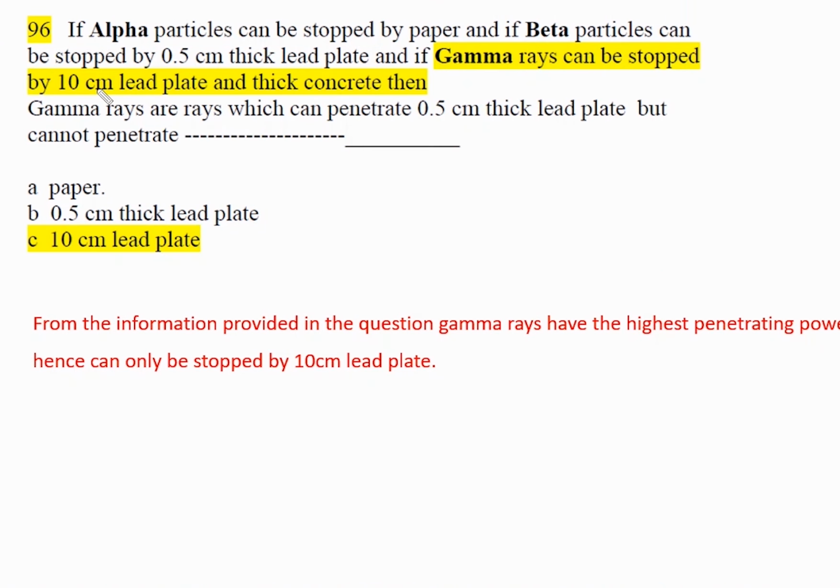Question 96, we've been told that gamma rays can be stopped by 10 centimeter lead plate and a thick concrete. Then the gamma rays are rays which can penetrate 0.5 thick lead plate but cannot penetrate 10 centimeter lead plate.